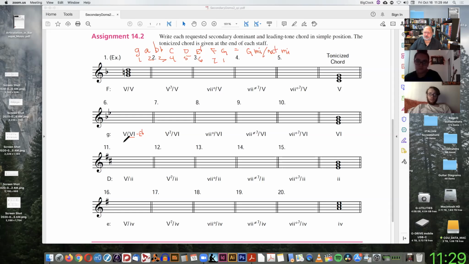So 5 of E flat, well, if you just spell a quick triad, there it is, a B flat, right? B flat, D, F. Does that make sense? Okay, now, how do I make it a dominant chord? We add the flat 7, right?